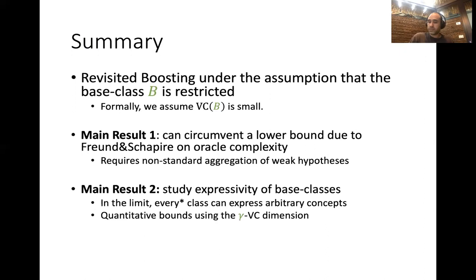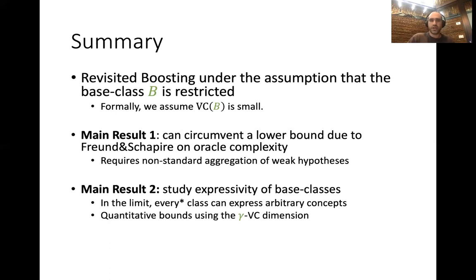And the second result was about studying how expressive certain base classes are when used in this framework. So how fast can you learn far-away concepts in this framework? And we defined a combinatorial parameter which extends the VC dimension to this context, and we analyzed it for various classes.